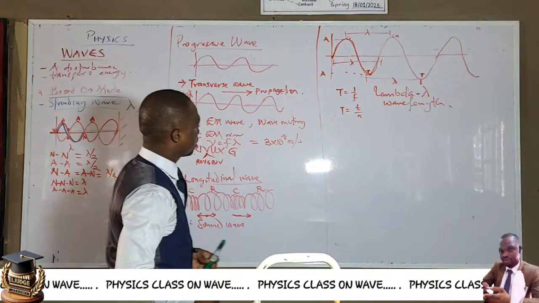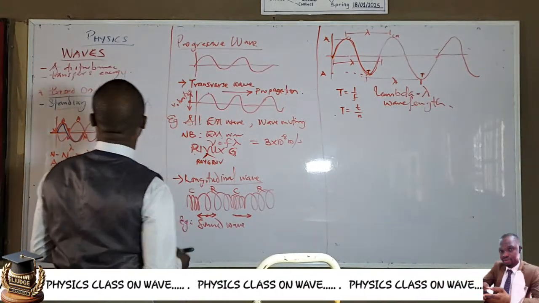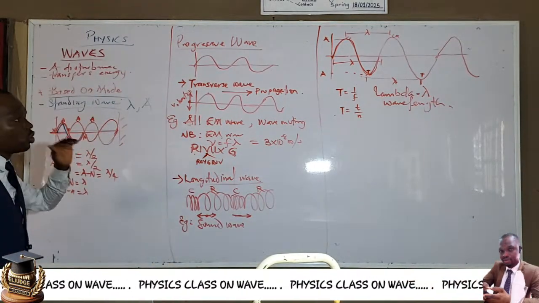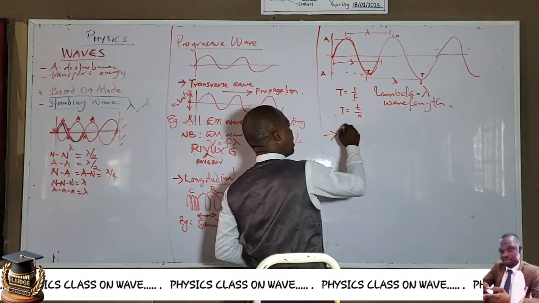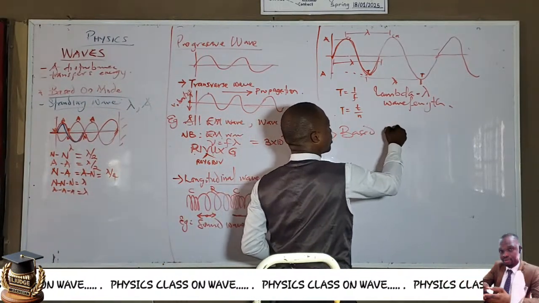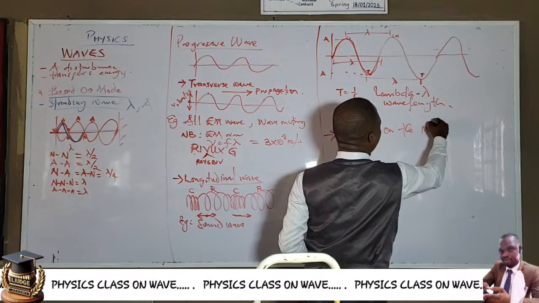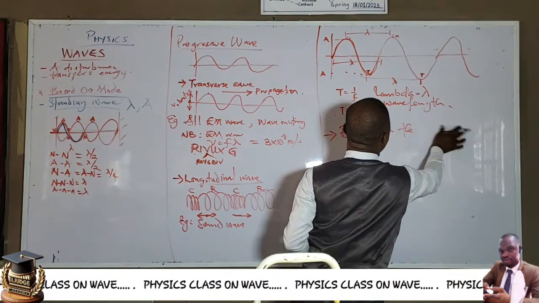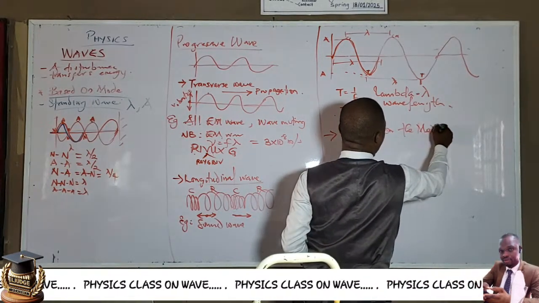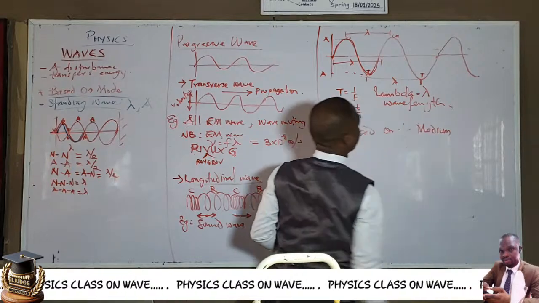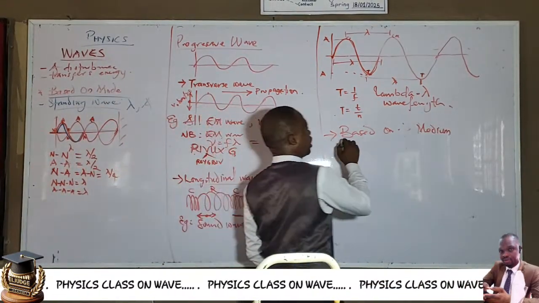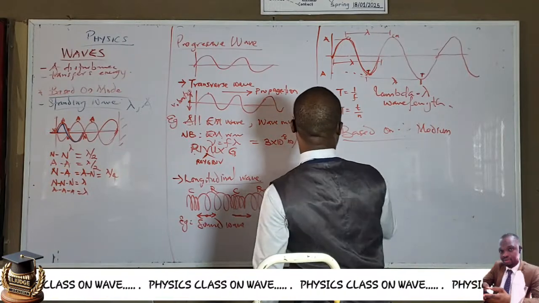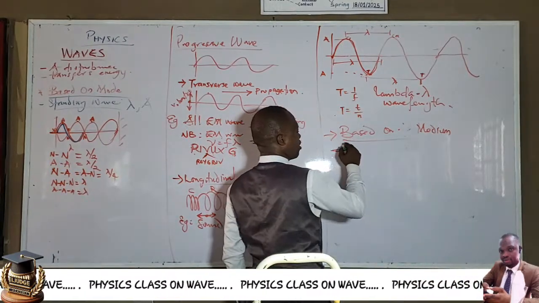So in this class, we have talked about waves based on the mode of propagation. Then let's look at waves based on the medium of propagation. There are two types of waves here.